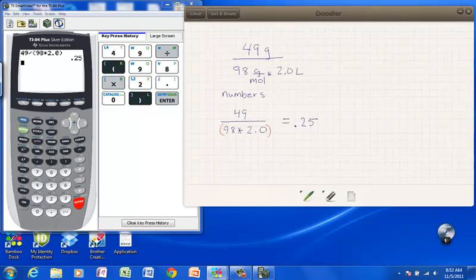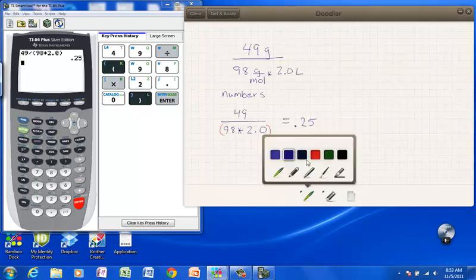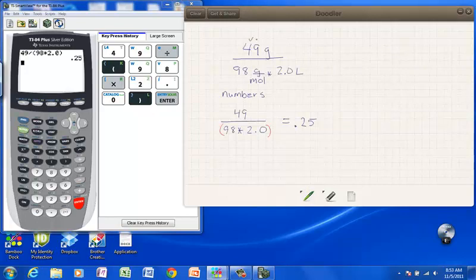Now you might be tempted to not think about significant digits, but in many cases you still need to. It's possible that you need 3 significant digits on this number, or maybe only 1 significant digit. So let's go back and count the significant digits on our first numbers. 49 has 2 significant digits. 98 has 2 significant digits.